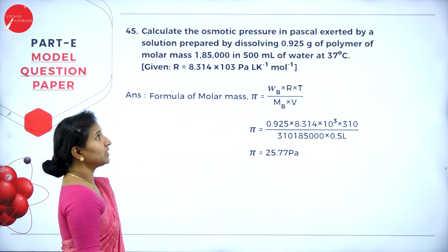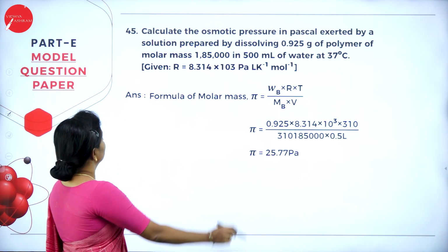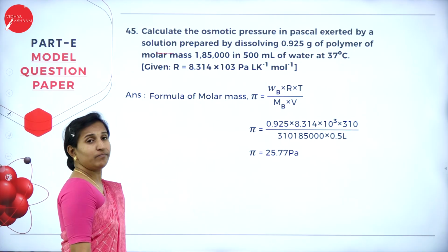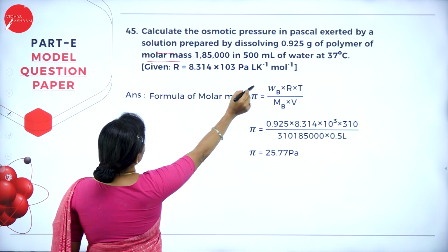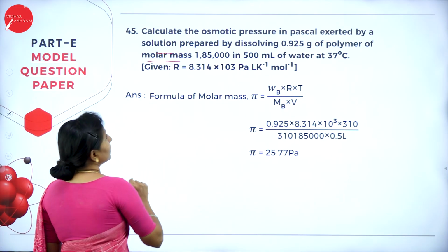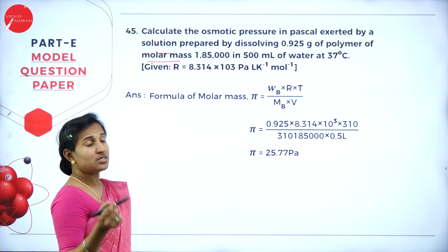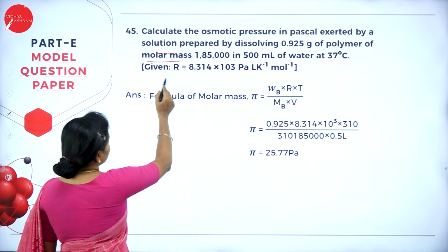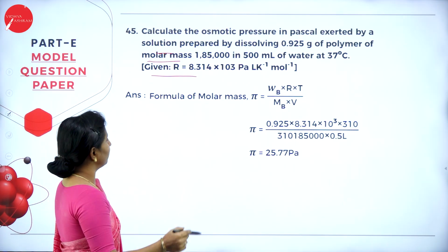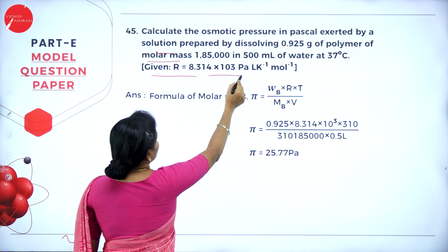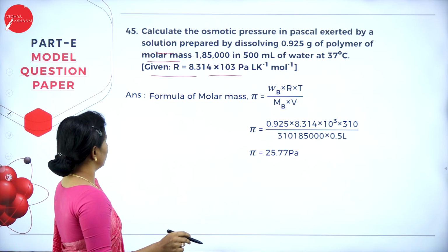Calculate the osmotic pressure in Pascal exerted by a solution prepared by dissolving 0.0925 gram of polymer of molar mass 1,85,000 in 500 milliliter of water at 37 degrees C. The given R value is 8.314 into 10 power 3 Pascal liter per Kelvin per mole.